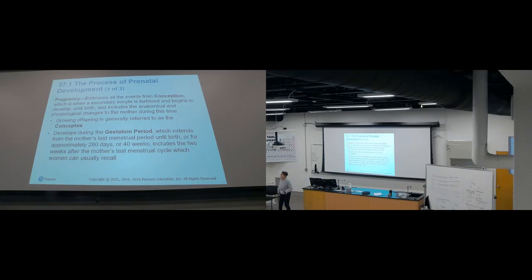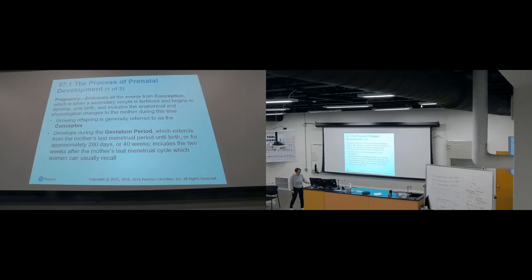So pregnancy embraces different events. It starts from conception, which is basically the fertilization of an egg cell or an oocyte by a sperm cell. And then the growing offspring is going to be called conceptus.